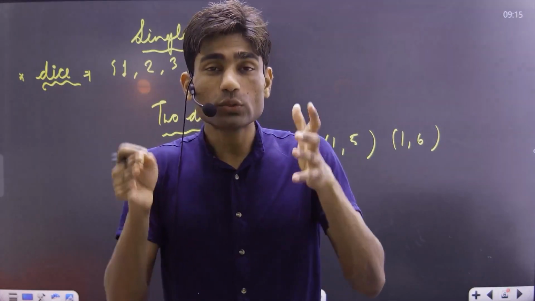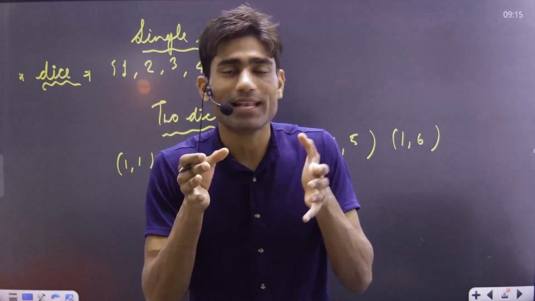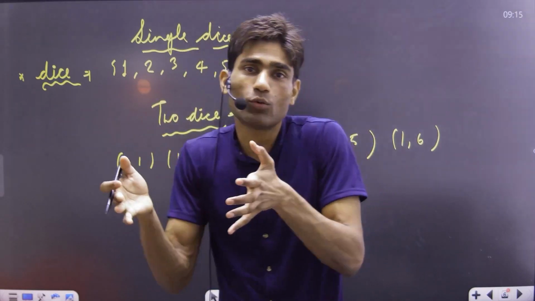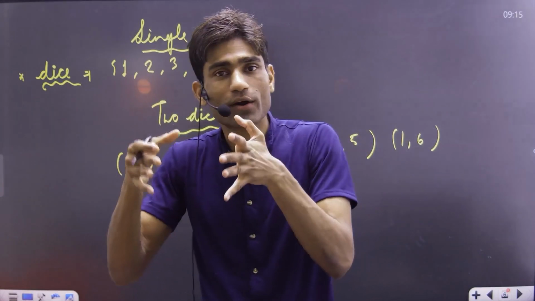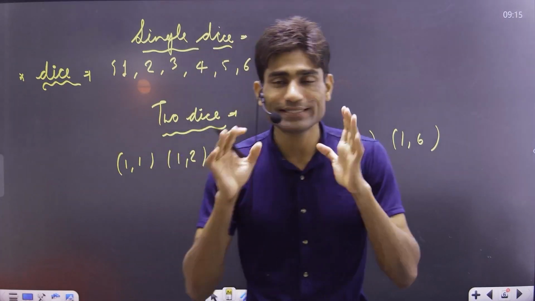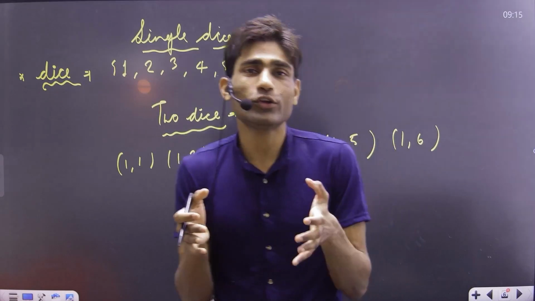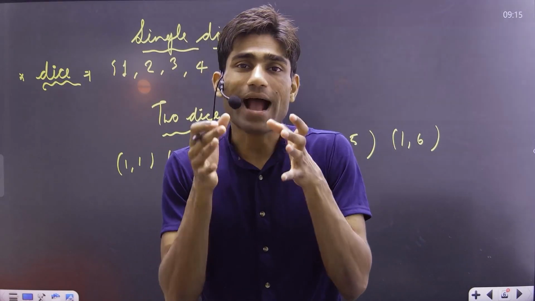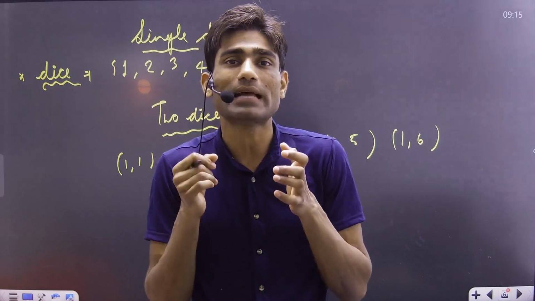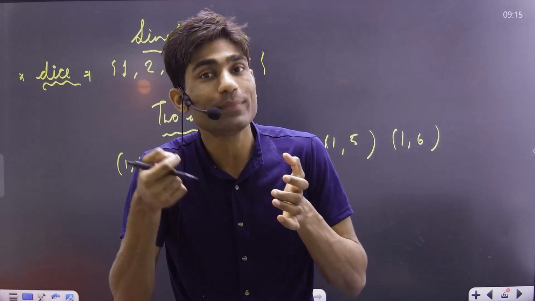Now I have to explain some concepts related to these outcomes, which we are going to learn in the further part of the probability chapter. I have to explain what the actual sample space is, what the elements in our sample space are, what actually is meant by sample space.